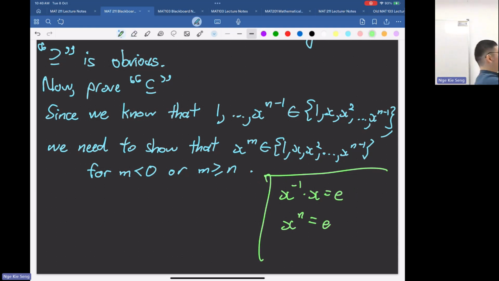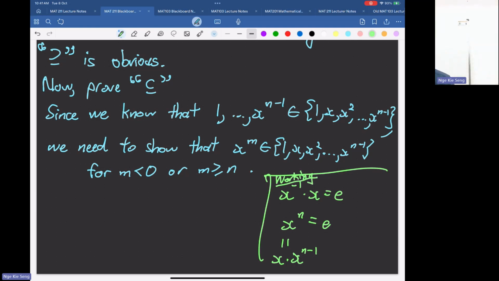So can you relate these two equations? Can you find the inverse of x from this equation? What is it? x to the n minus 1. Okay or not? But we proved that the inverse in a group is unique, right? This is just working, don't write this in your assignment.